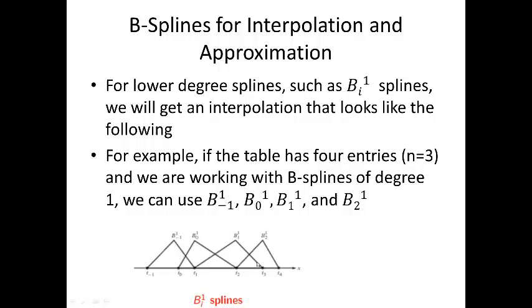This isn't aesthetically pleasing in and of itself, and this example corresponds to a table with 4 entries. Working with B-splines of degree 1, we will get some function that is very choppy, but does begin to approximate the individual values at the knots of the table.